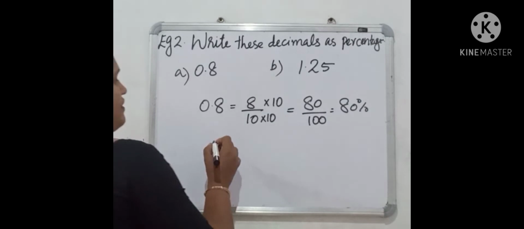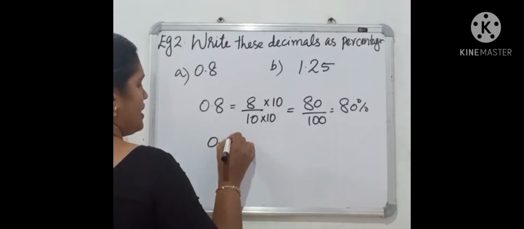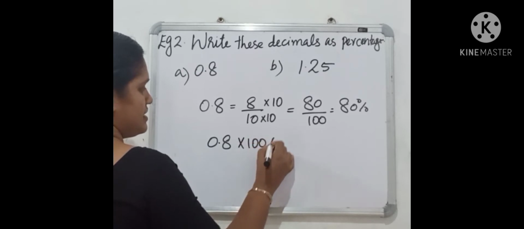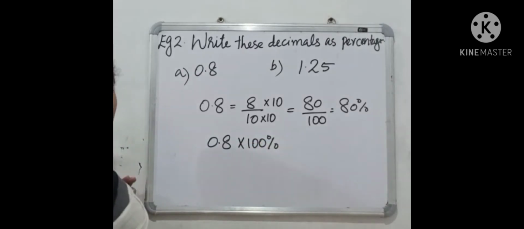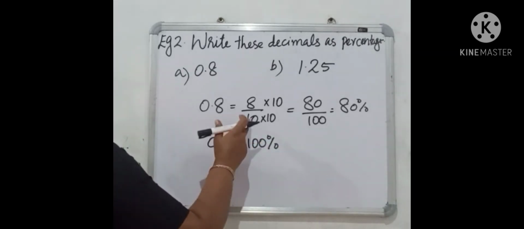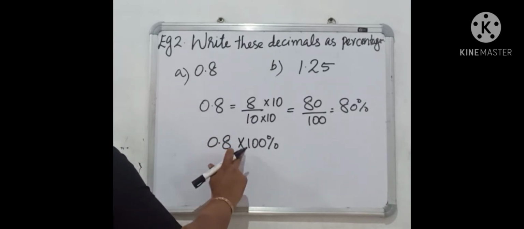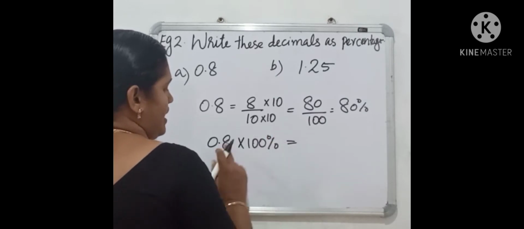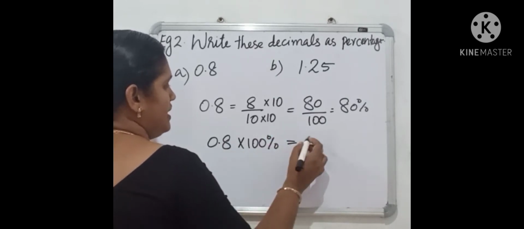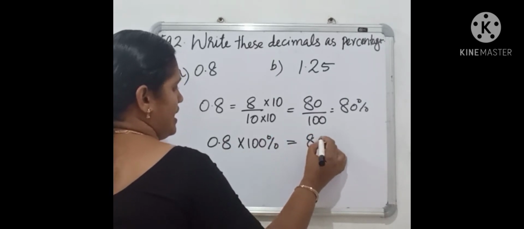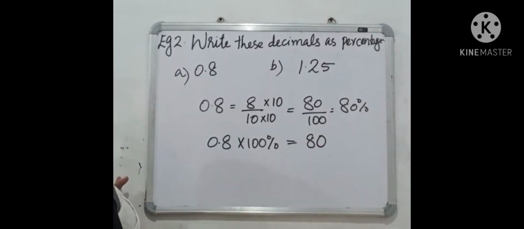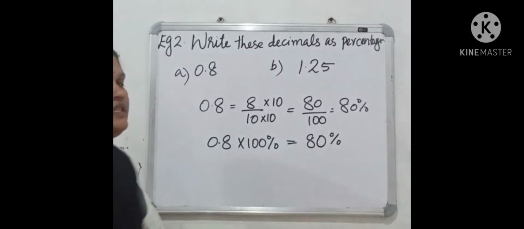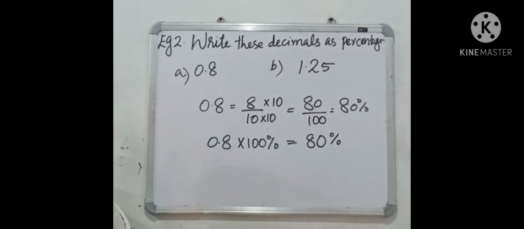Okay, another way is 0.8 into 100%. To convert these into percentage, 0.8 into 100%, which equals 0.8 into 100, 80. Okay, 80%. In this way also we can do this.